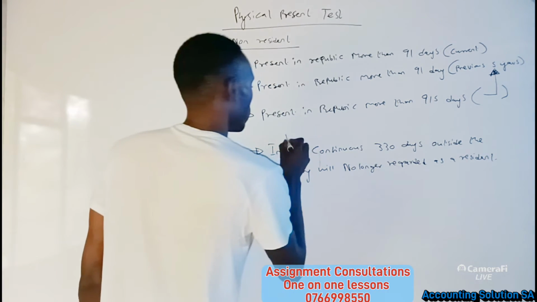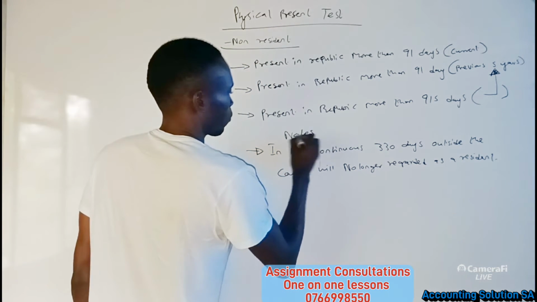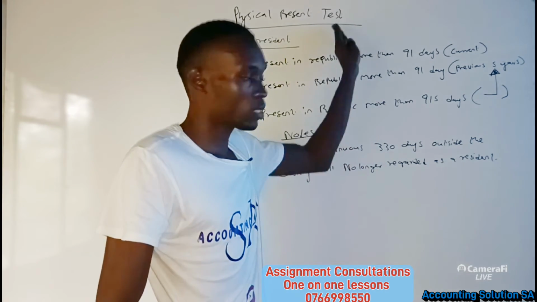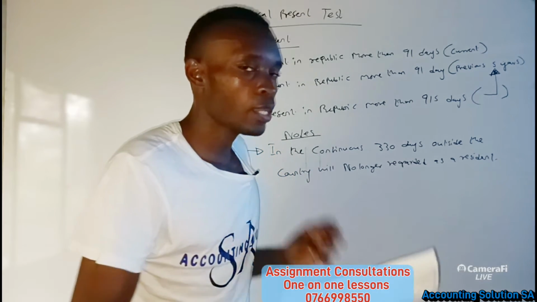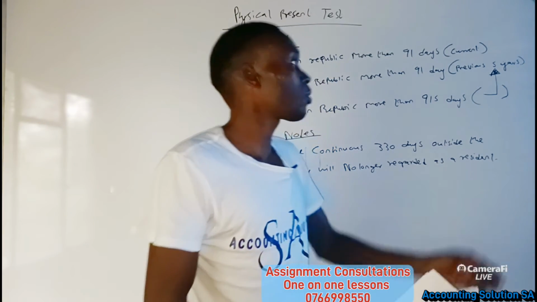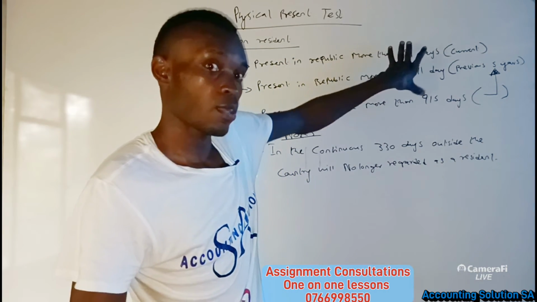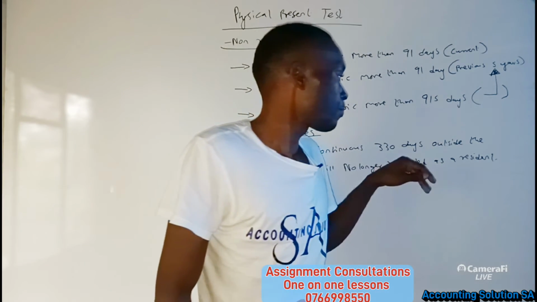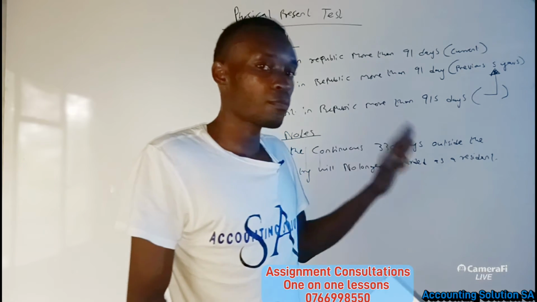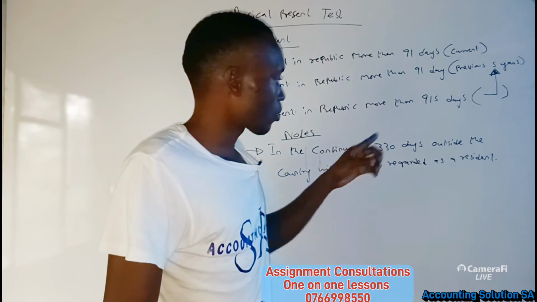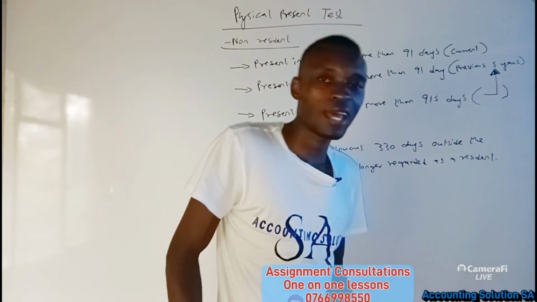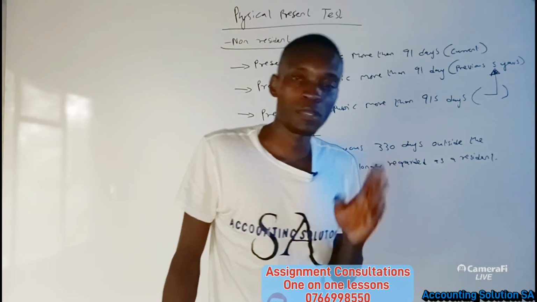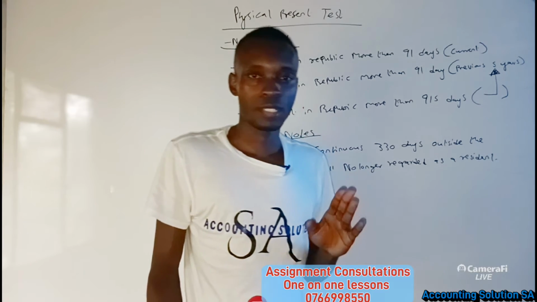But you have to take note of this. We only come to this part if this person was a resident. If at first you meet the requirements and they say you are a resident, and you leave the country for more than 330 continuous days, without coming back even a single day, they are going to regard you as a non-resident, which means you're no longer going to be a resident in this case.